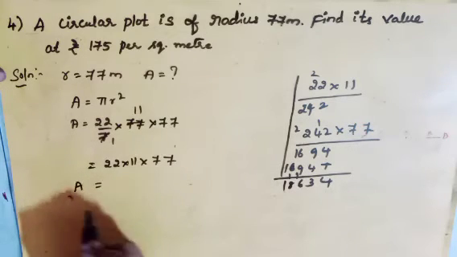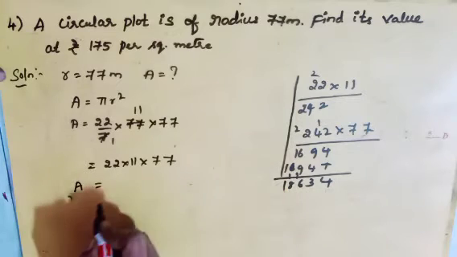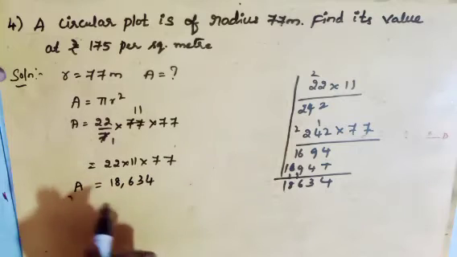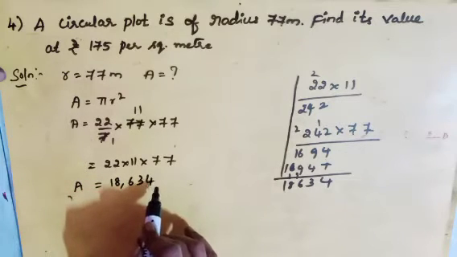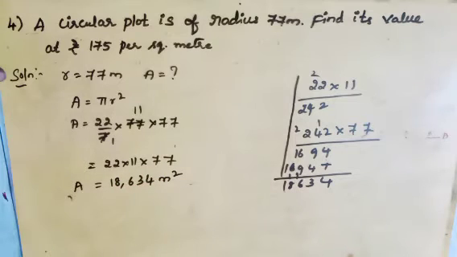The area of the circular plot is 18,634 meter square.